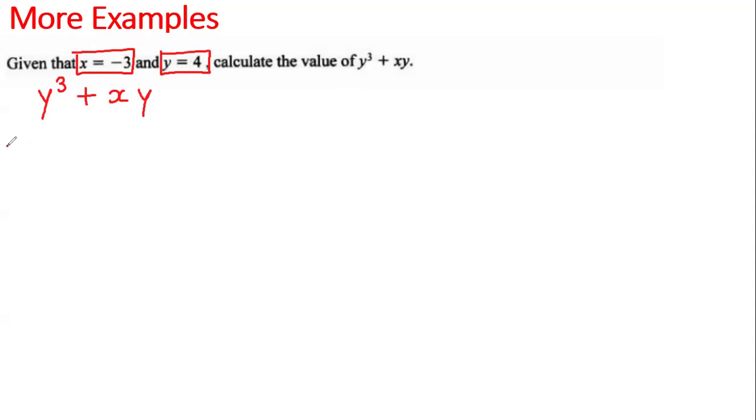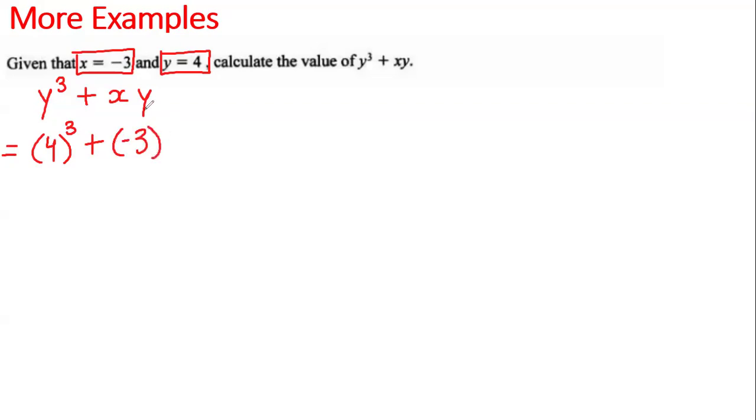And so it's going to be equal to y cubed. Y cubed is what? 4 times 4 times 4, 4 to the power of 3, is equal to 64. Plus, what is x? X is -3. And what is y?